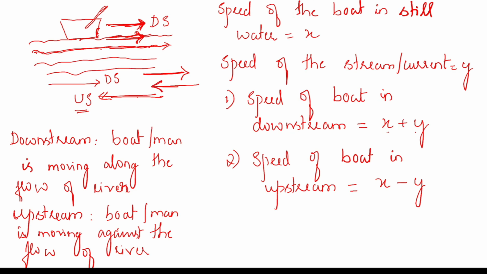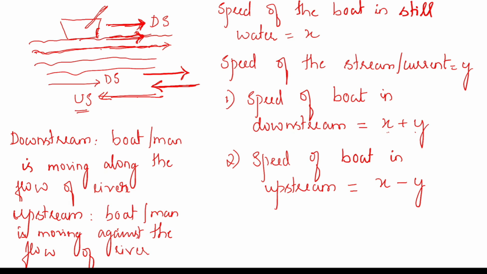When both are in opposite directions, the speeds get subtracted, because the boat is flowing against the flow of the river. So the speed gets reduced.